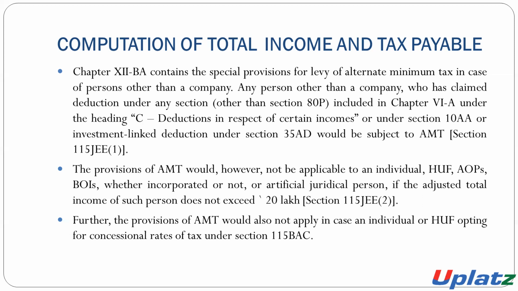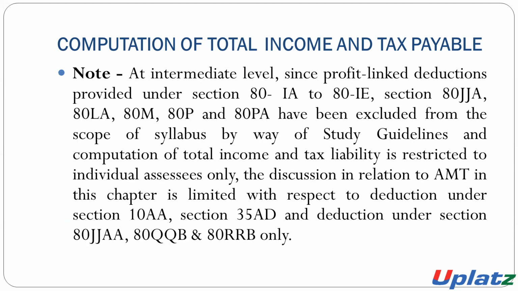These are the concessional rates of tax under section 115BAC. So the person who is opting for the concessional rate of income tax, the provision of AMT will not be applicable to such an assessee.